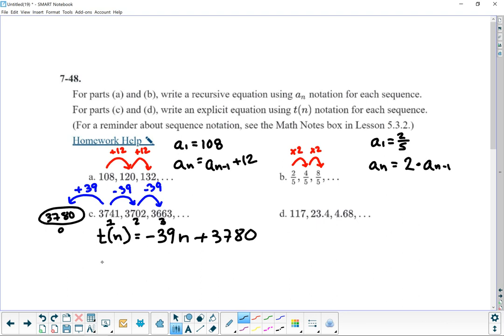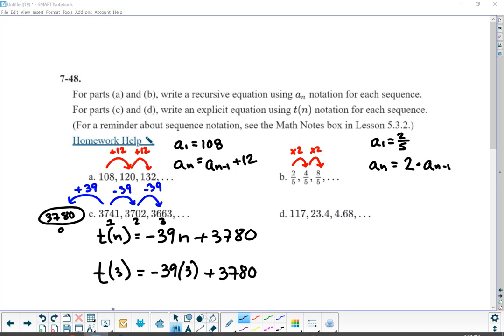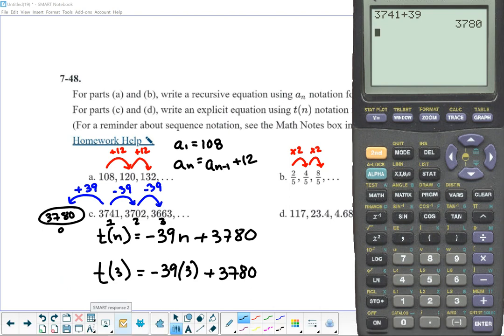So let's just try T3. The third term is going to be negative 39 times 3 plus 3,780. Okay, let me check that on my calculator. I'm going to write it exactly like how I have here: negative 39 times 3 plus 3780.